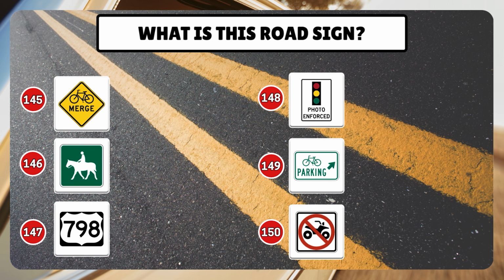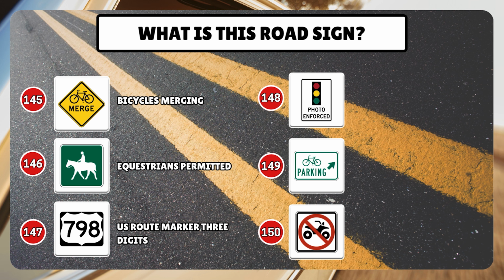What is this road sign? Excellent. That is a bicycle's merging sign. Good catch. That is an equestrian's permitted sign. That is a U.S. route marker 3 digits sign.